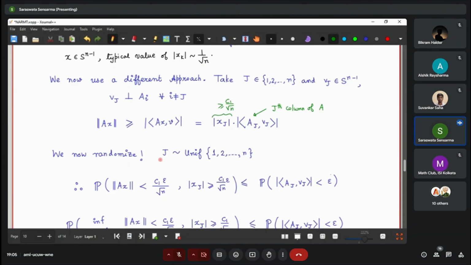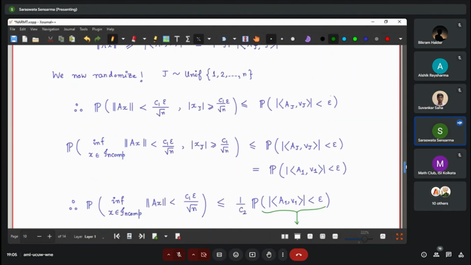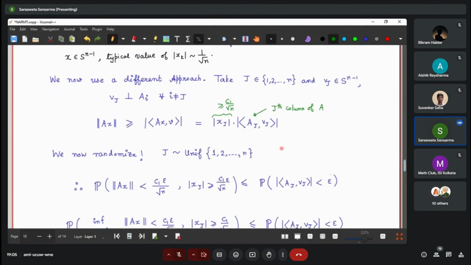We can pick J uniformly at random from the set 1 to n. Then for any fixed vector x, the probability that x_J is bigger than C1 over root n is at least C2, because we know that for at least C2 n many of these J's, this happens.